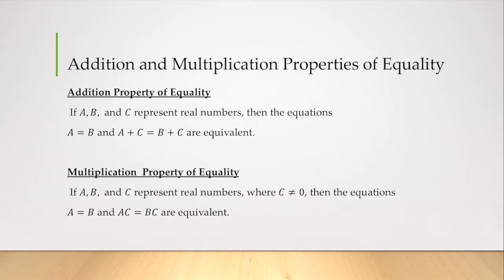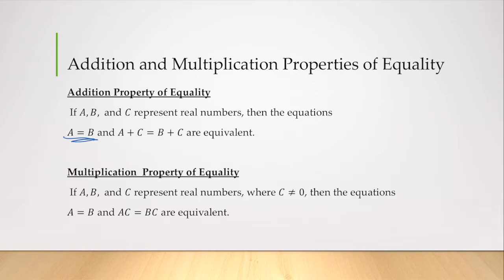So we have two properties we can use when solving linear equations in one variable. We've got an addition property and we've got a multiplication property. So let's say I have a, b, and c that are real numbers. Then the equations a equals b and a plus c equals b plus c are equivalent. So you can kind of think of this as a scale. We're trying to keep this level.